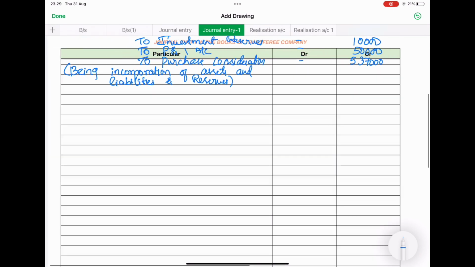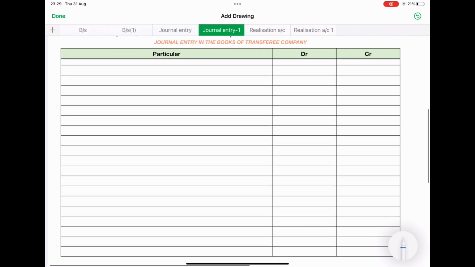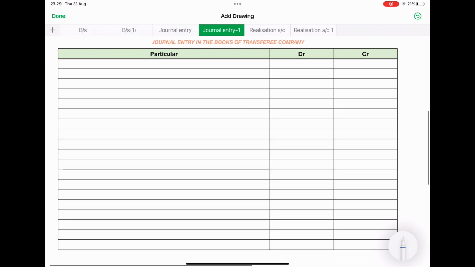So directly write it here. Third entry will be PC discharge entry, which means we are going to pay them. So what we have debited in the first entry, business purchase account debtor to liquidators of S Limited account. Liquidators of S Limited account debtor.